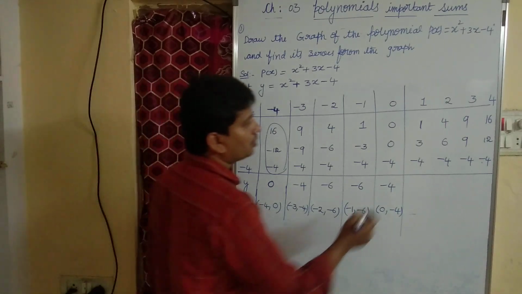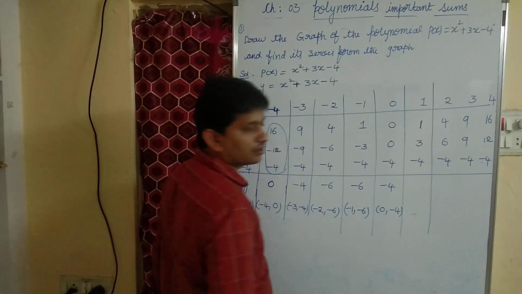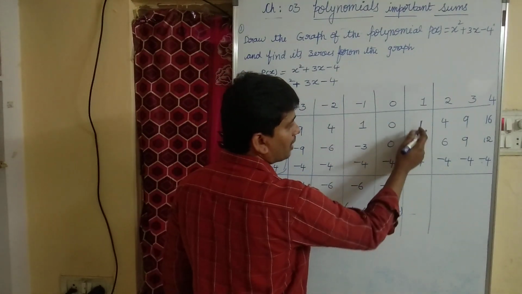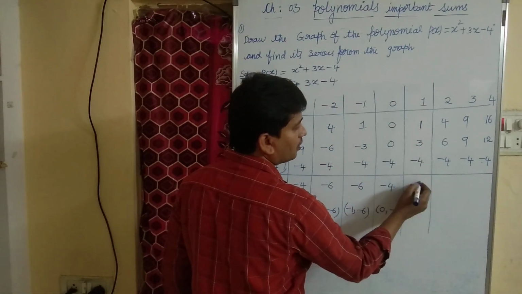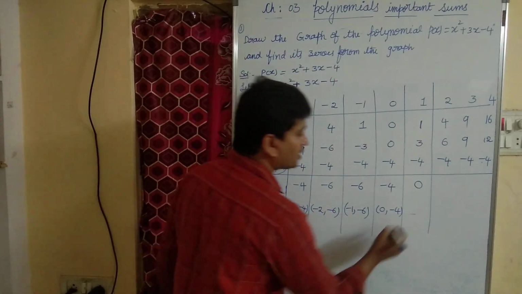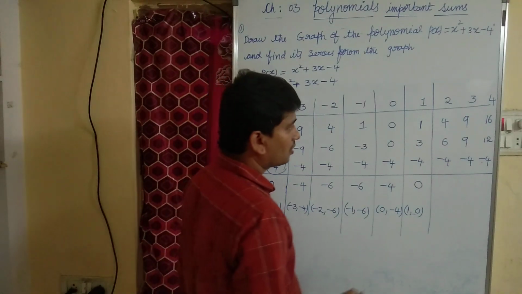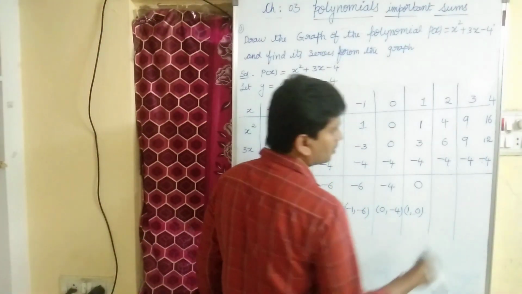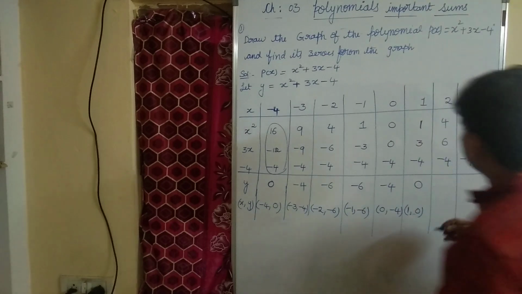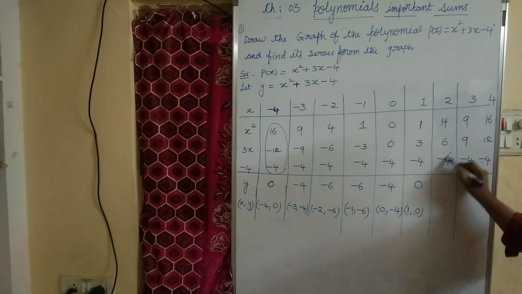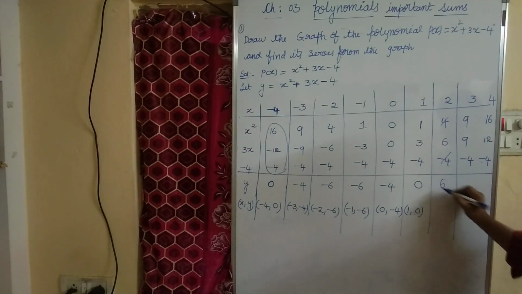Now coming to 1. When x is equal to 1, 1 plus 3 is 4, 4 minus 4 is 0. When x is equal to 1, y value is 0. Now coming to 2, see here, plus 4 minus 4 gets cancelled, we have 6 here.